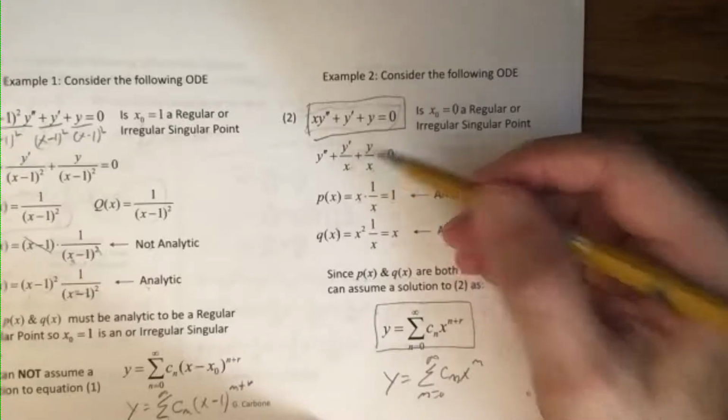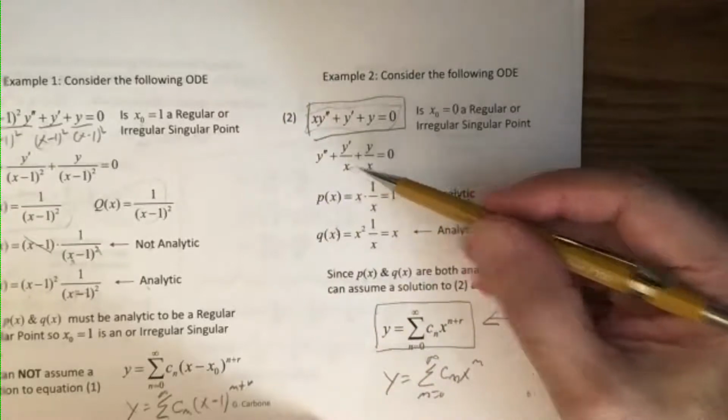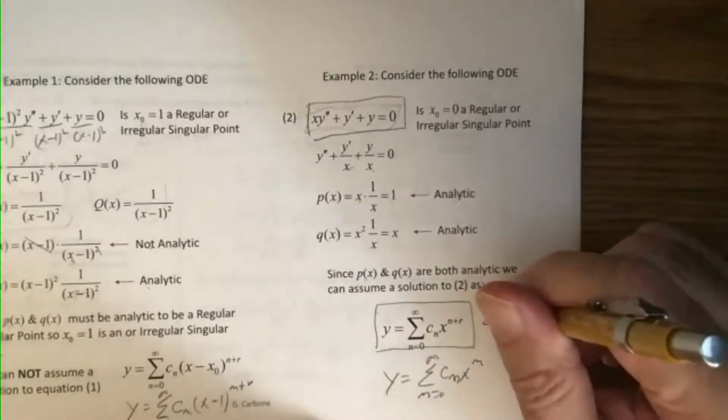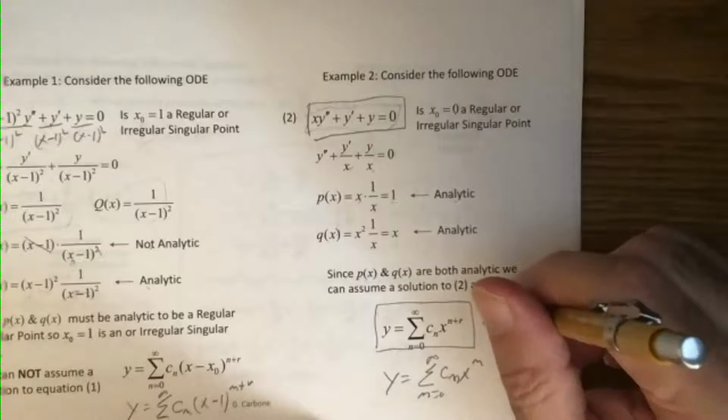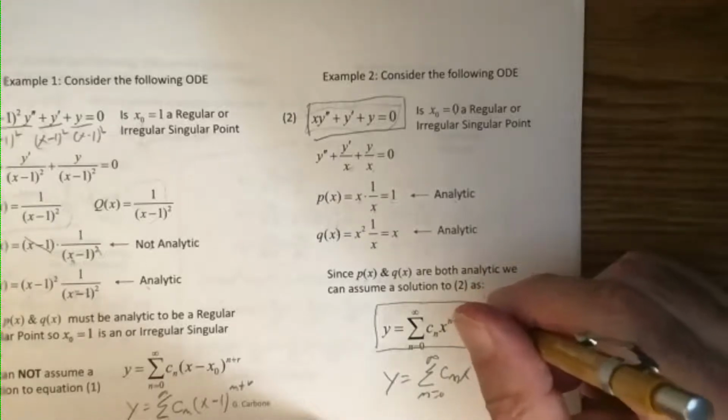Only when it's a regular singular point could I use this. If it's an irregular singular point, then I can't expand about that point. I have to expand about a different point.